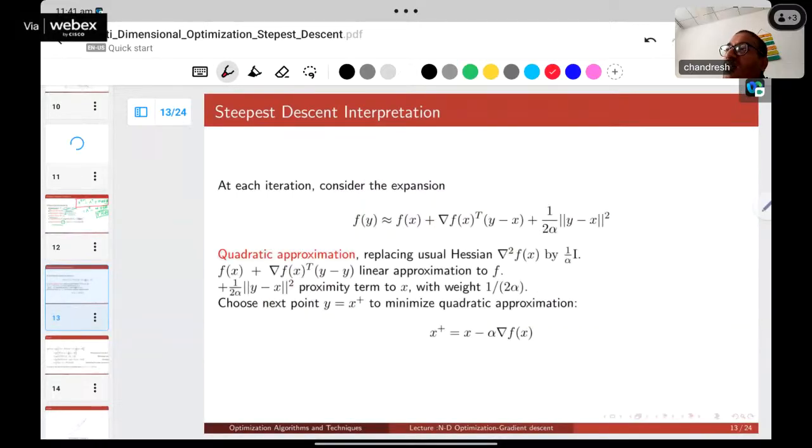So anyone here who doesn't know gradient at all? Because otherwise this lecture will not make sense if you don't know what a gradient is. Anyone here who doesn't know gradient? Please type something. Type S if you know gradient.